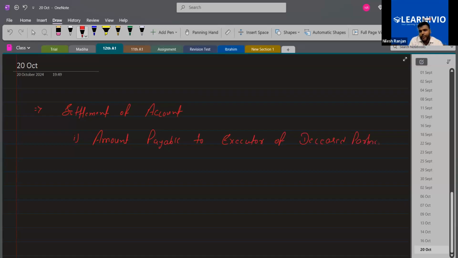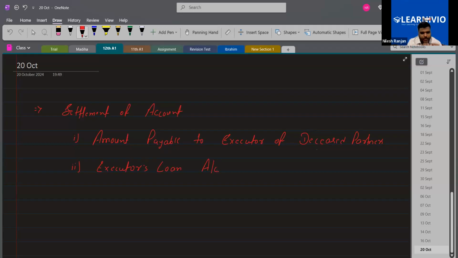And then after preparing capital account, this balance in capital account will be transferred to executor loan account. You remember the concept of retiring partner's loan account?